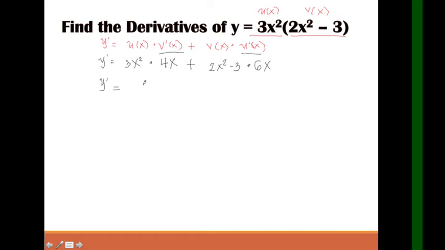Okay, so that's equal to 12x cubed plus, this is negative 3 times 6x, so distributive property. So, we have 12x squared minus 3 times 6 is 18x.